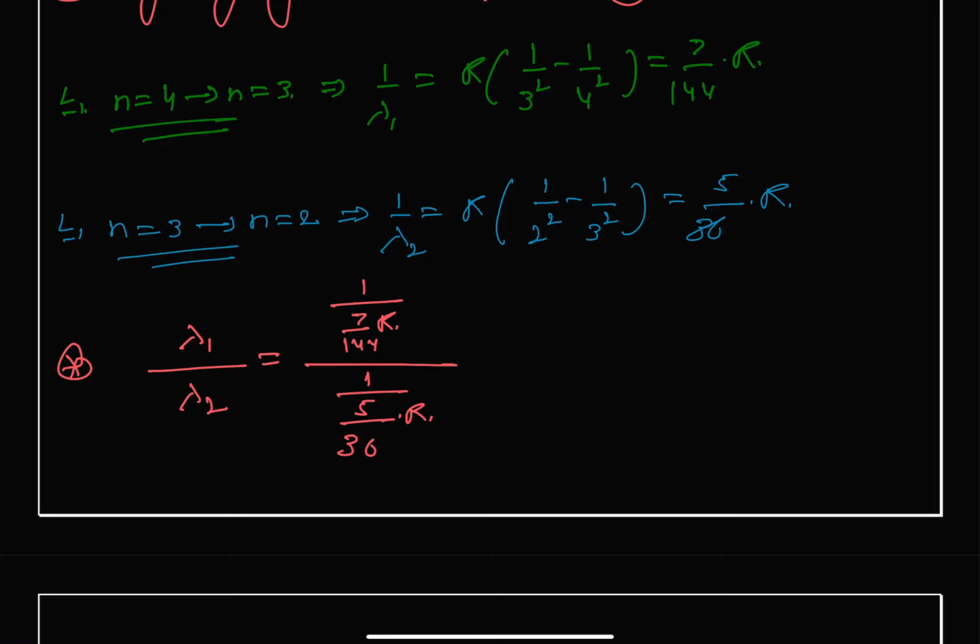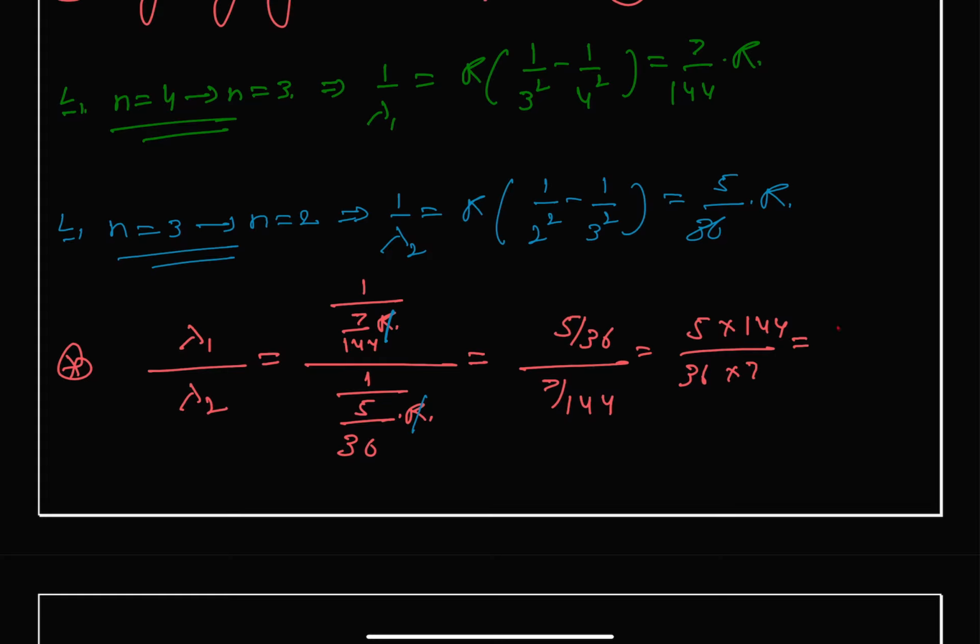and our R and R cancels out, and this can be written as 5 upon 36 divided by 7 upon 144, which can be written as 5 into 144, and we have here 36 multiplied by 7.